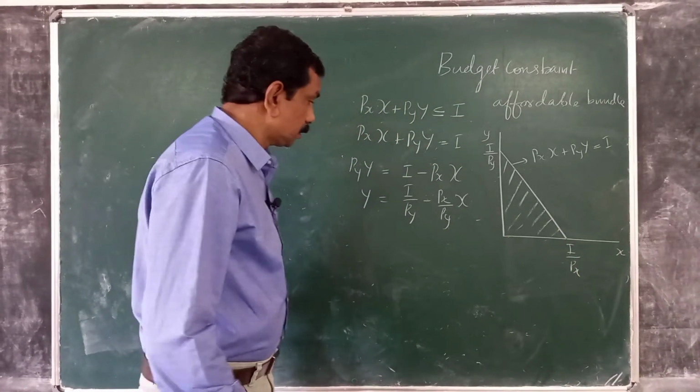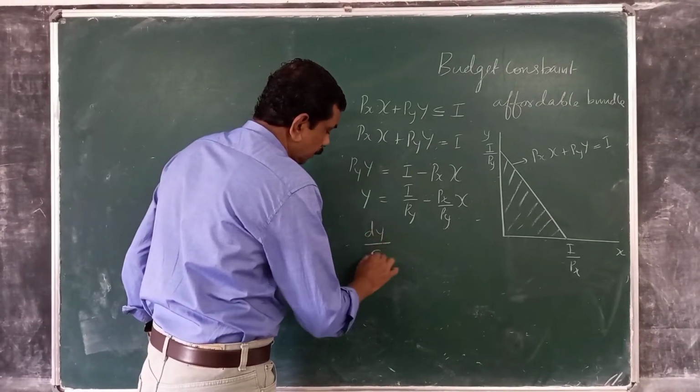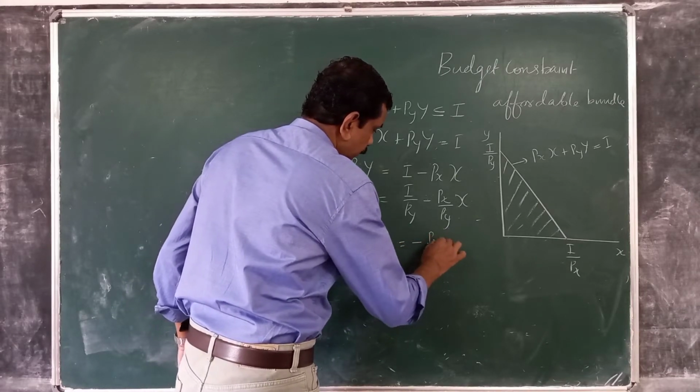Now the slope is given by dy by dx is equal to minus Px by Py.